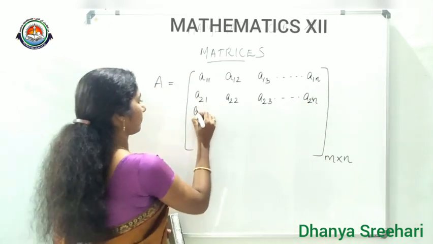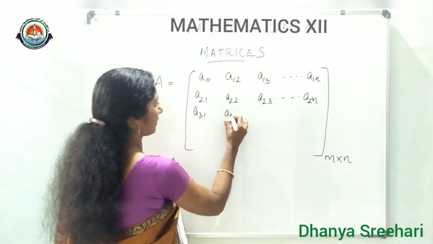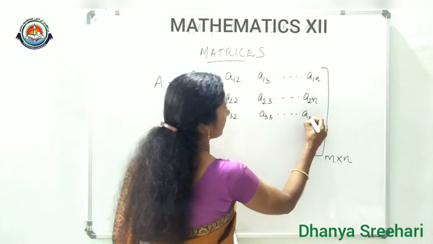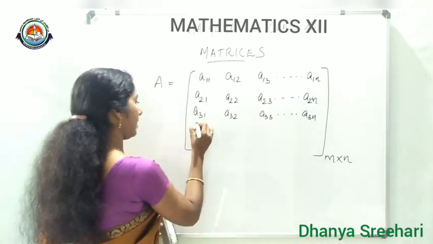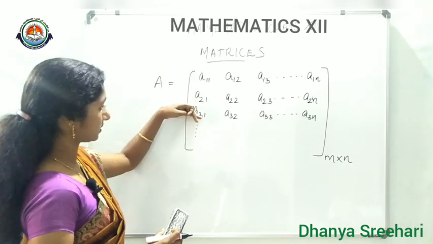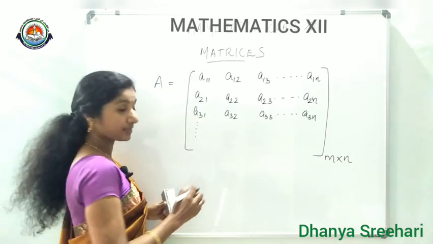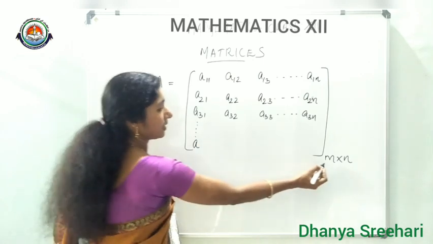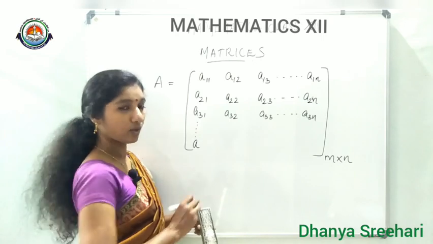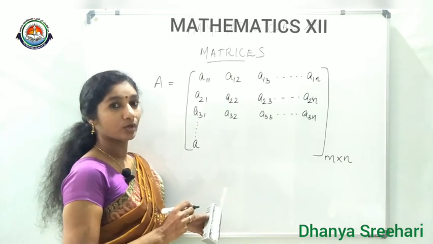So third row, A31, A32, A33, etc. A3n. Like this, how many rows are there? First row, second row, third row, etc. How many rows are there? M rows are there. By looking at the order, which is given as M by N, we can say there are M rows.